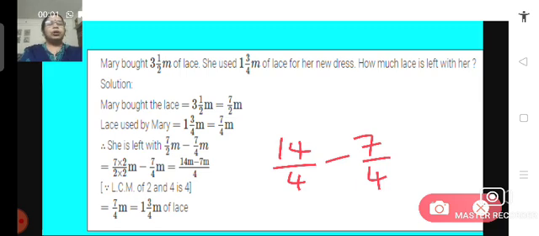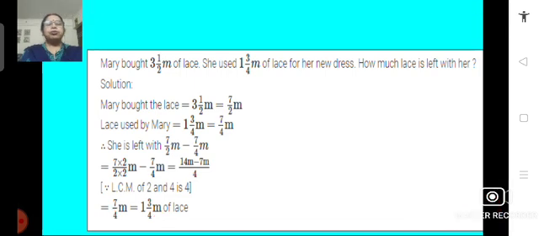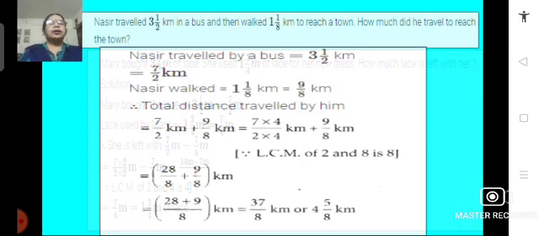We get 7/4 as the result. So the length of lace that is left with Mary is 7/4 meters. We can convert this improper fraction as a mixed fraction. Then it will be 1 3/4 meter of lace that is left with her.